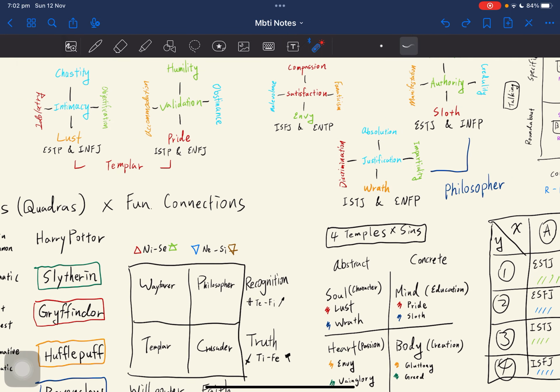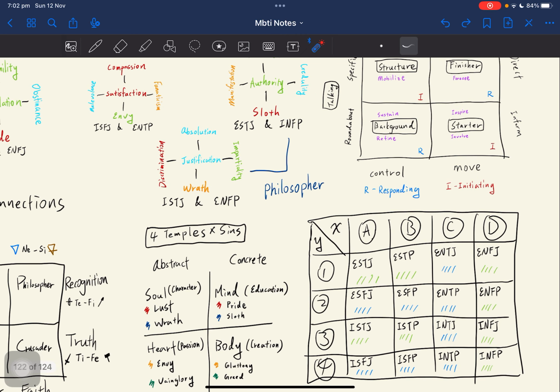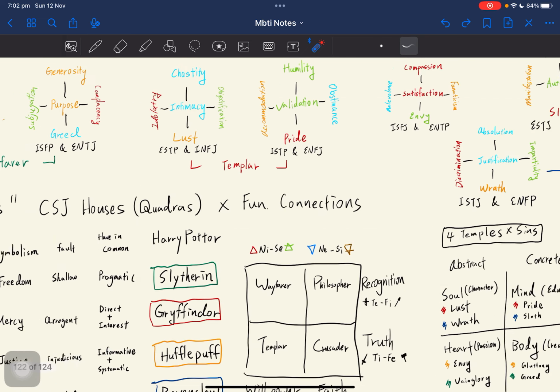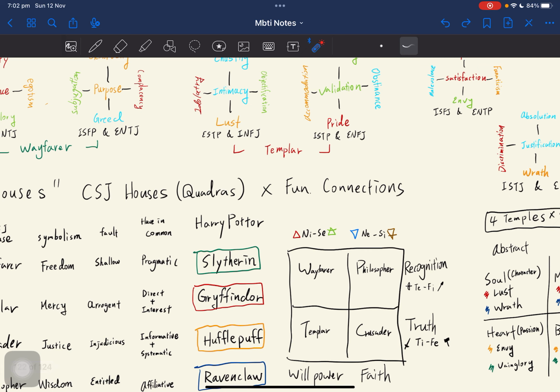So for example, if you just know that they are an idealist and they are an introvert, but you don't know if they are INFJ or INFP, then you can check the temples.